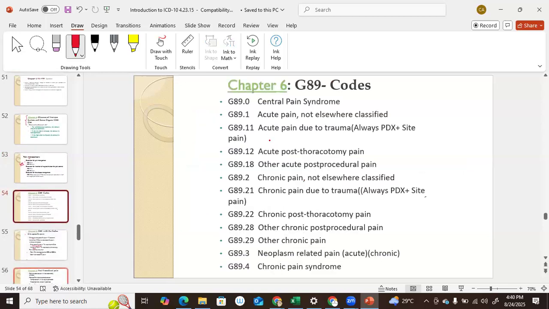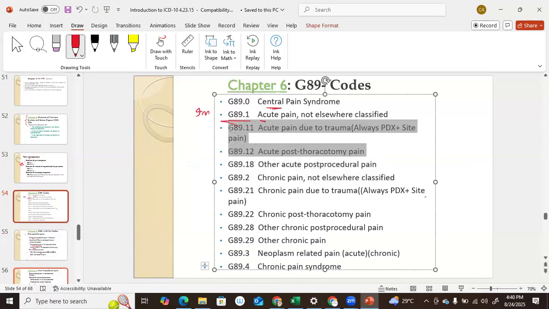These are pain codes. First we have central pain syndrome, which means the patient has pain due to the central nervous system. Then we have G89.1, acute pain. This is an incomplete code. Below are the subcategories of the pain.